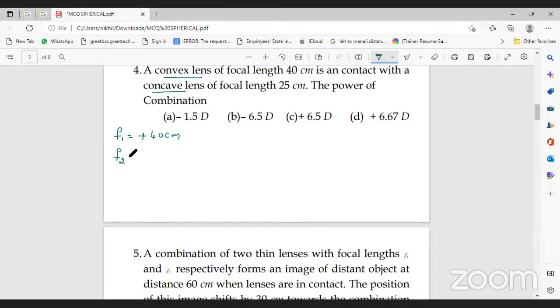Concave lens means F2 is minus 25 centimeter, right? Because it is a concave. They are asking you to find the power of the combination, isn't it? Yes, sir.